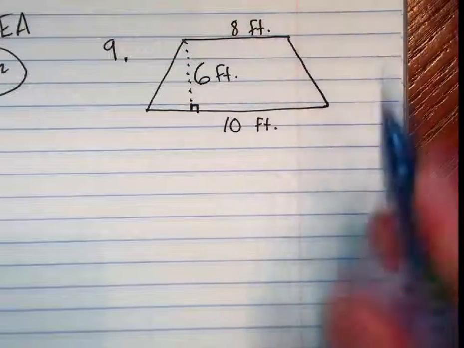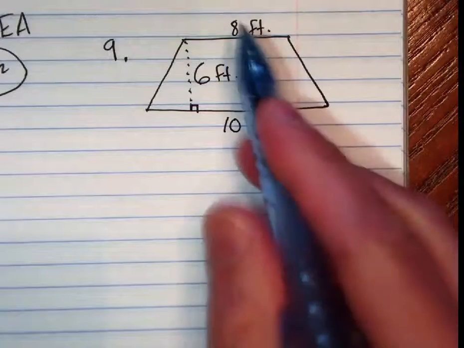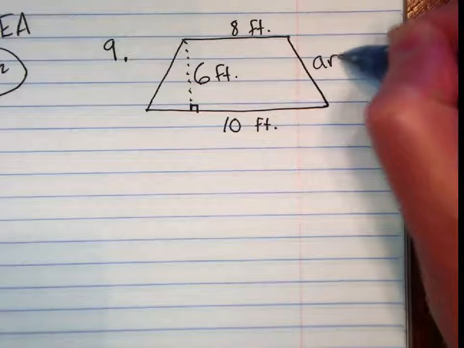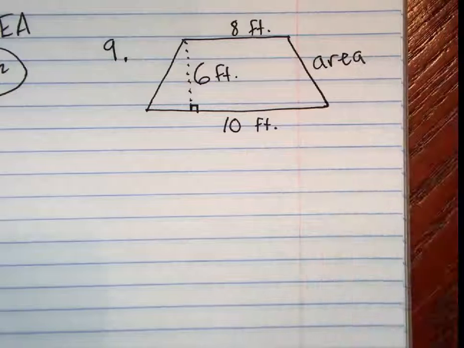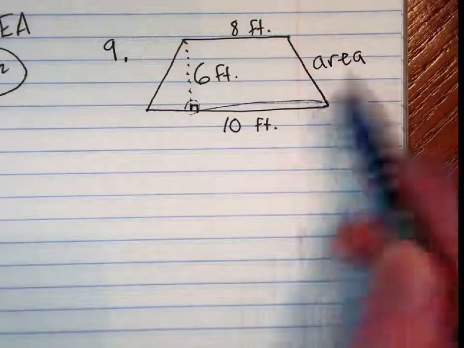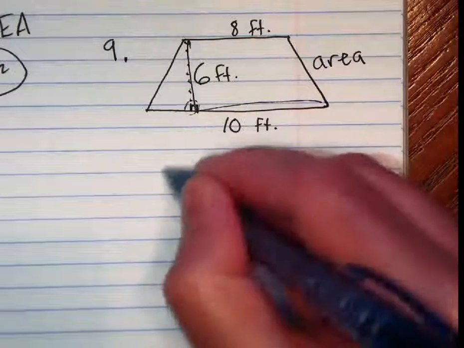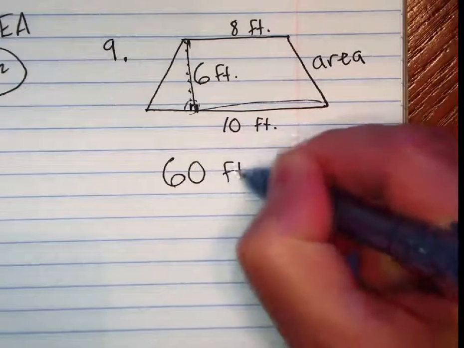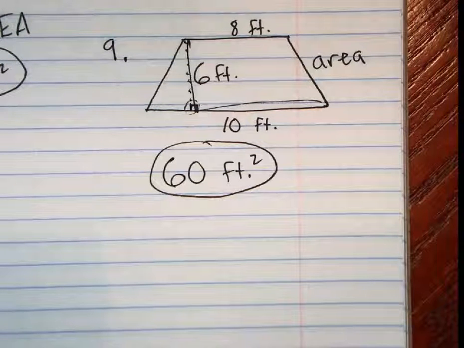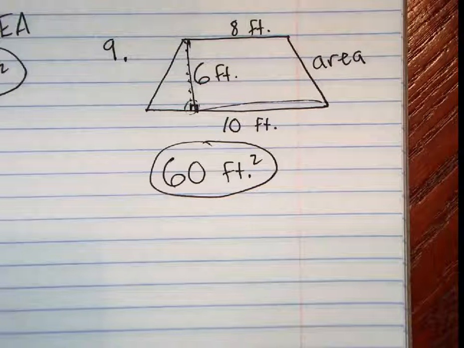So the height is 6, the base is 10, and the top base is 8. And I'm going to find the area of this trapezoid. So here's my right angle. So I'm going to do 10 times 6 makes 60 feet squared. That is the area of my trapezoid. That is number 9.